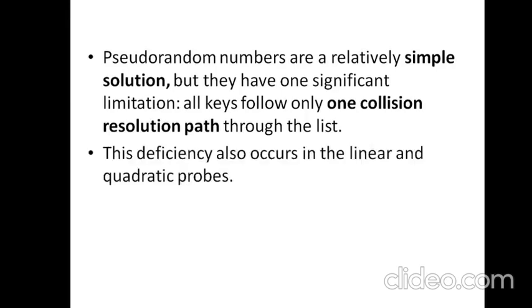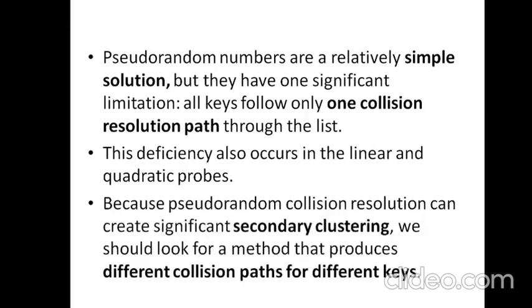This deficiency also occurs in linear and quadratic probes. And pseudo-random collision resolution can create significant secondary clustering, because the addresses generated by the pseudo-random numbers are distributed across the list.